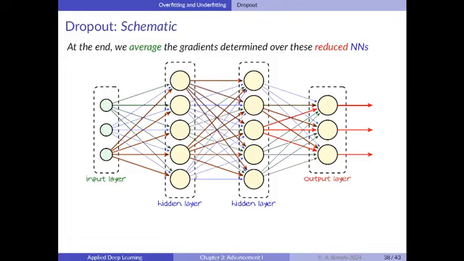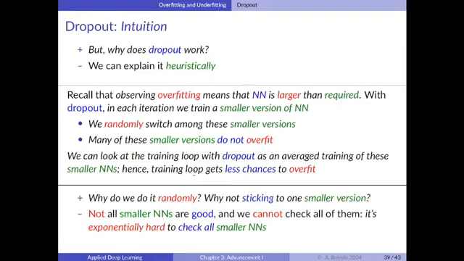It's important. It seems like some averaging of gradients over the reduced neural network during training, and then we have the complete network during the inference time. It's some heuristic.